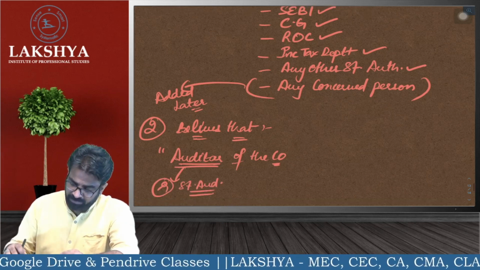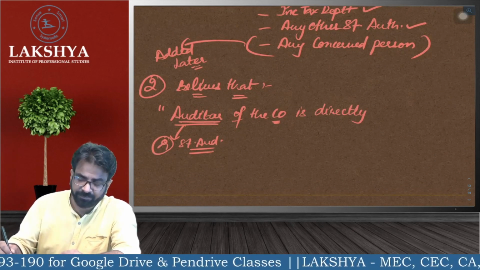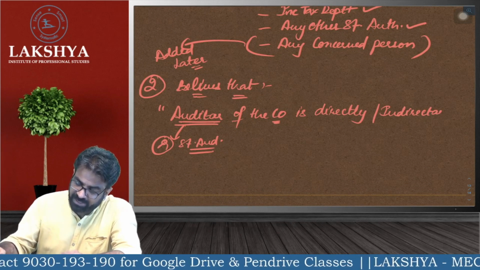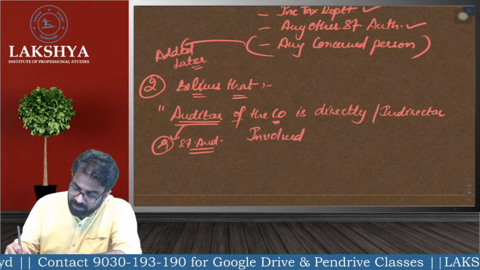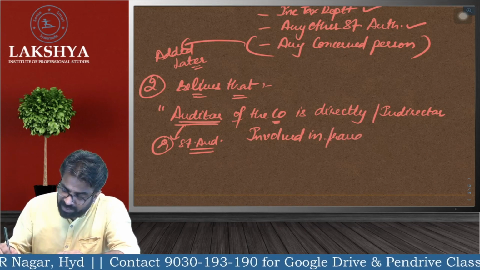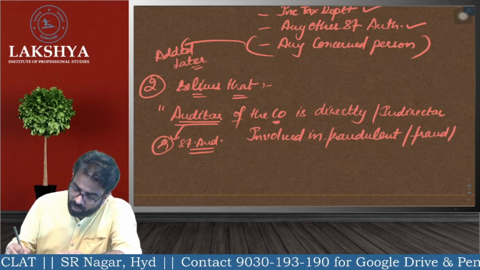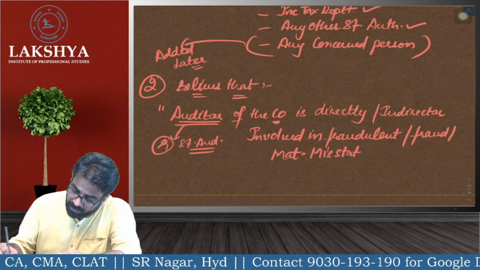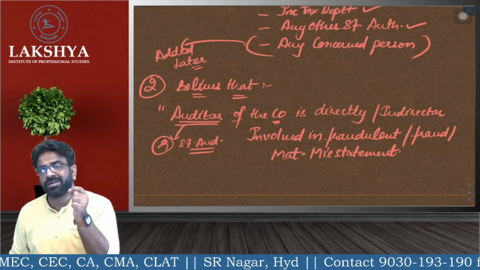The auditor of the company is directly or indirectly involved in fraudulent activity or fraud or material misstatement. It's a huge allegation on the company auditor.